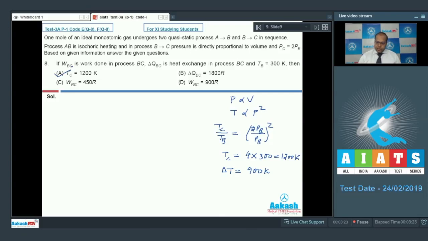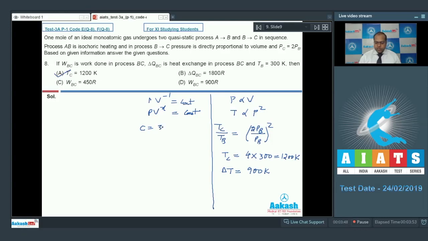In option B, delta QBC. So in order to calculate delta QBC, first of all I have to find out the heat capacity of this process BC. Since P is proportional to V, we can write PV raised to the power minus 1 is equal to constant. So if I compare with the polytropic process equation, PV to the power x is equal to constant, then the value of x is minus 1, and the molar heat capacity can be written as CV plus R divided by 1 minus x.